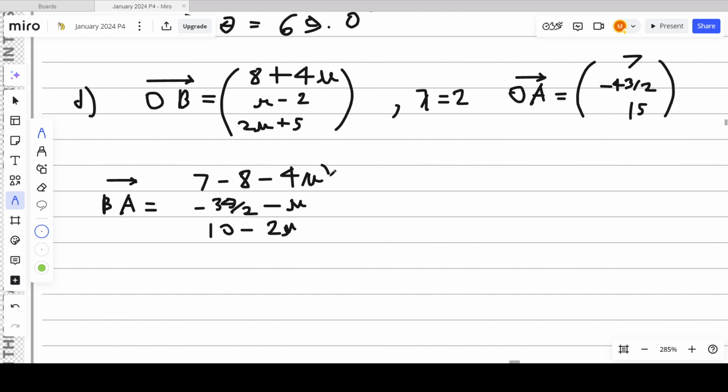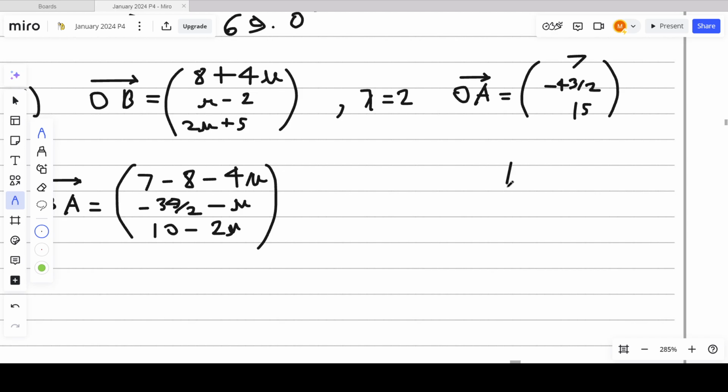How I have done it? B to A, it's what, BA equals to OA minus OB.